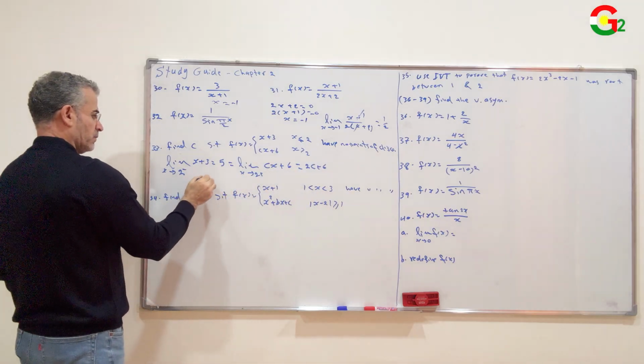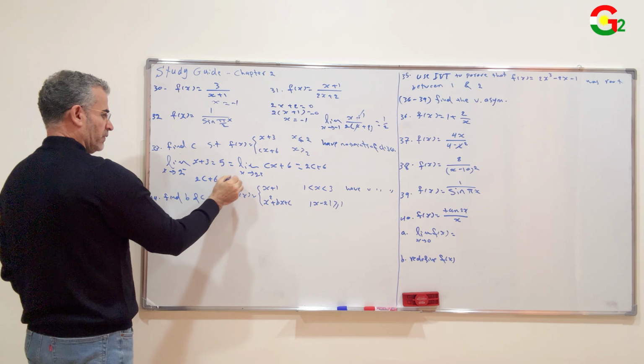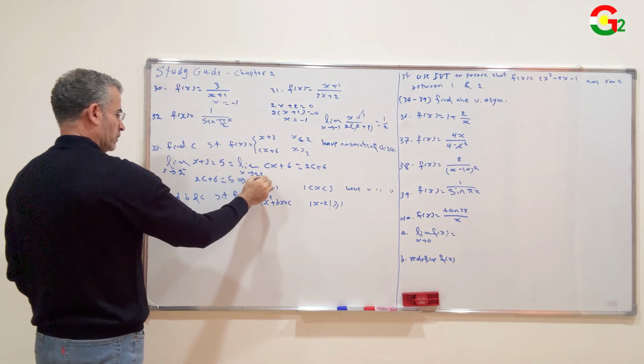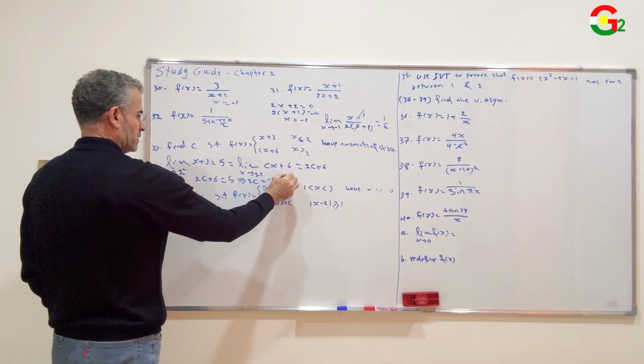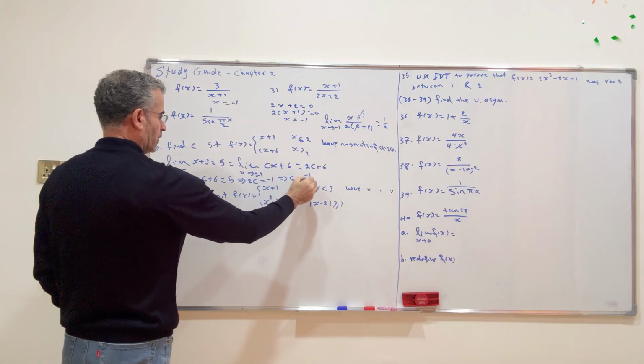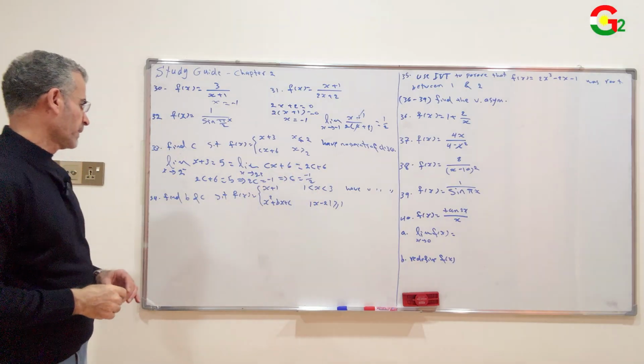Therefore, 2c plus 6 equals 5. 2c equals 5 minus 6, negative 1. c equals negative 1 half.